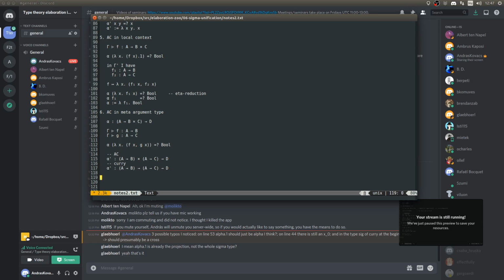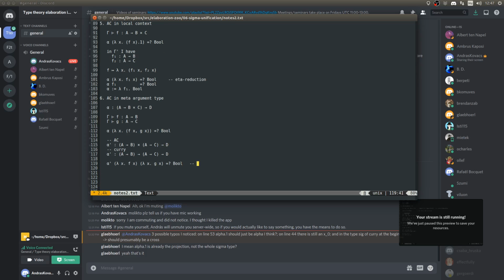And if we do this kind of substitution, then the unification problem becomes lambda x dot fx, lambda x dot gx equals bool.